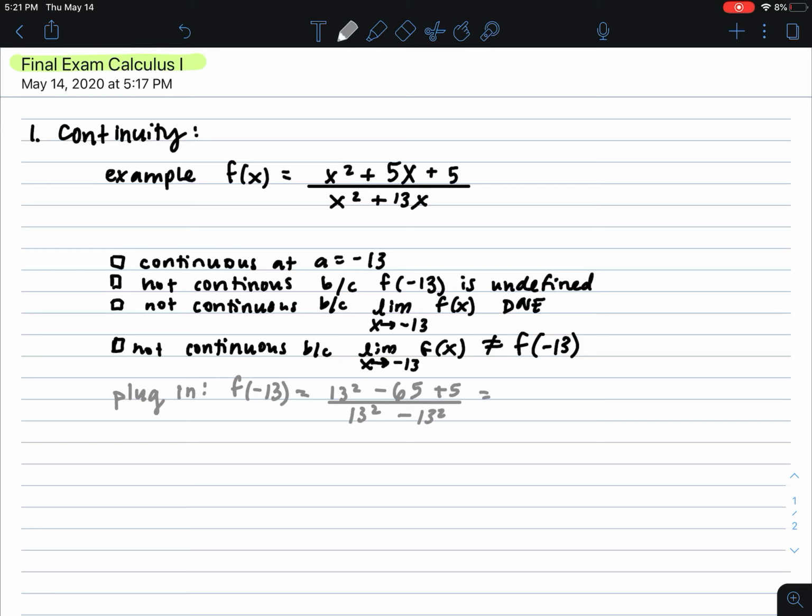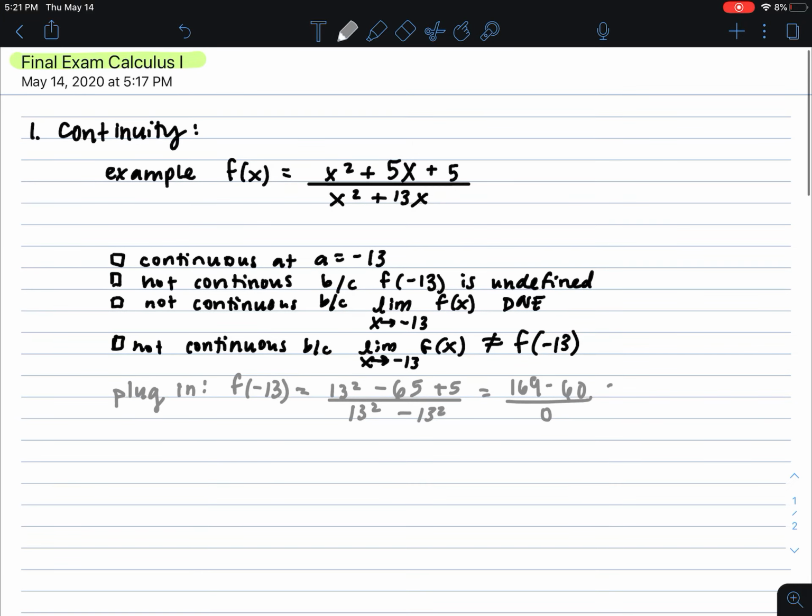So that gives us, what is 13 squared? I honestly could not tell you guys. Hold on. 13 times 13, 169. Oh, I should have known that. My brain has been fried. 169 minus 60 over 0. So this is going to be 109 over 0, which we know goes to infinity. I can fit an infinite number of zeros into 109.